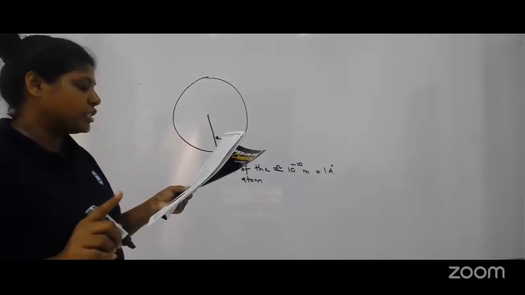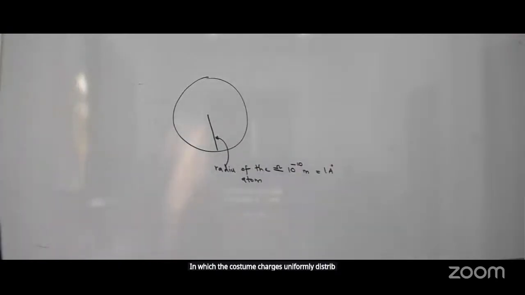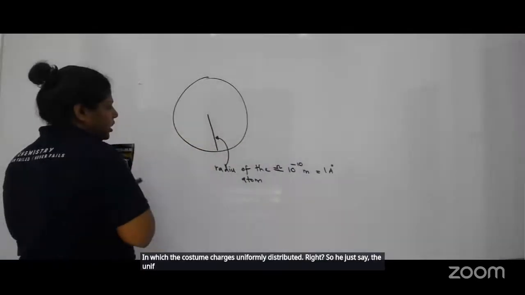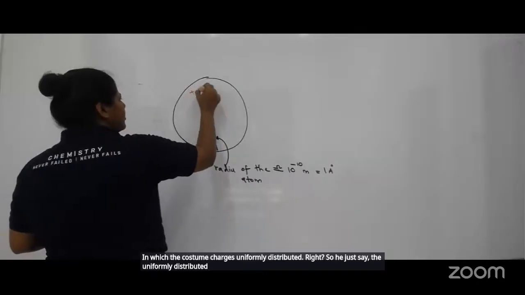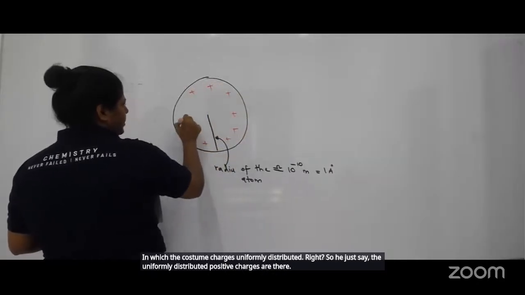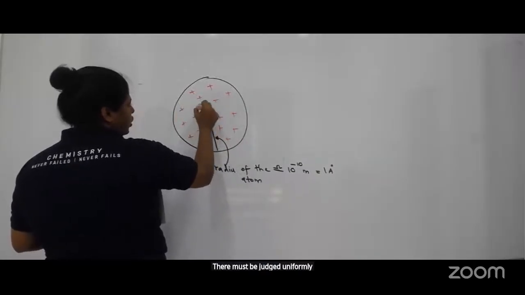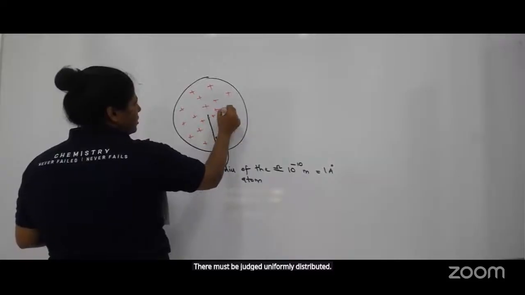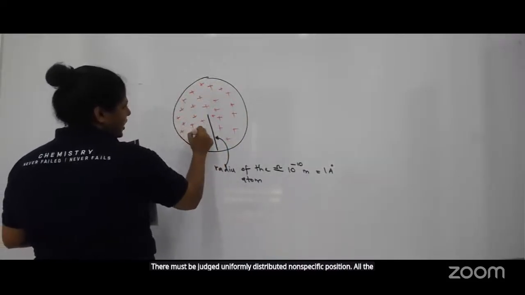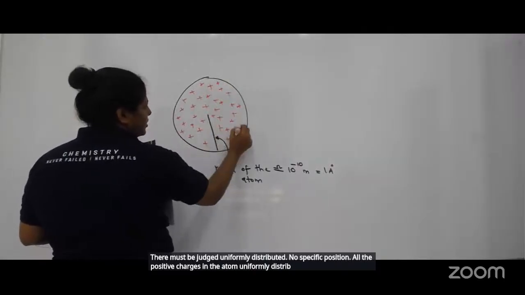In which the positive charge is uniformly distributed. So he just says the positive charge is uniformly distributed, meaning there is no specific position. All the positive charge in the atom is uniformly distributed like this.